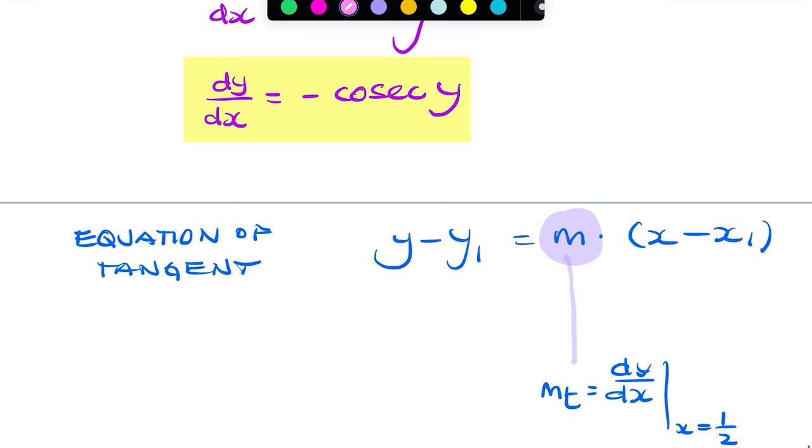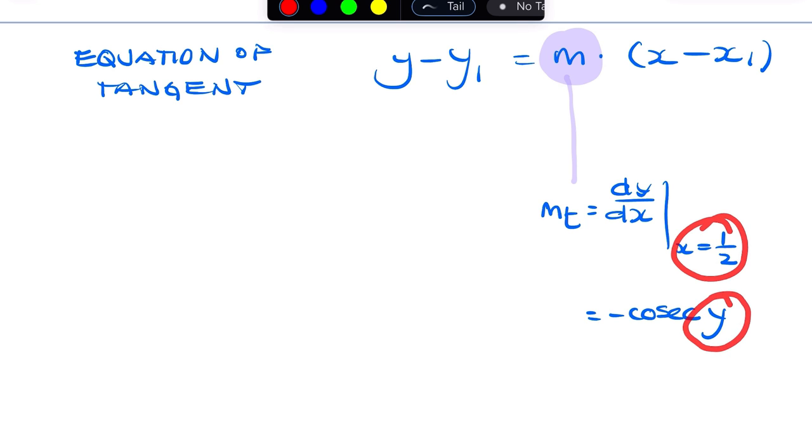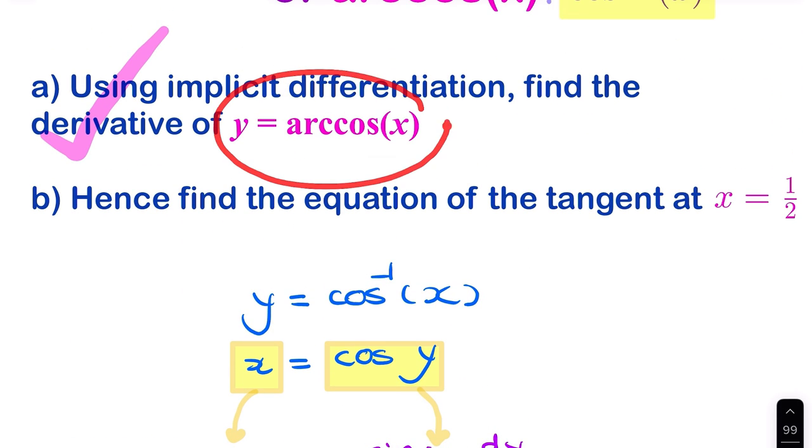We've fortunately already done that. So it's minus cosecant y. But we know x, we don't know y. So I suppose we can use the original expression, y equals arc cosine x, to find y.